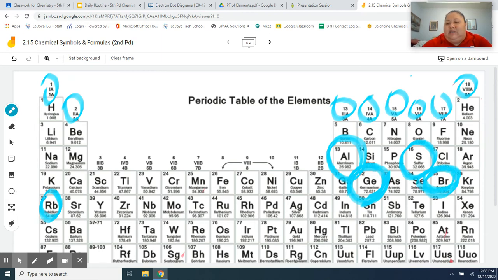What about for bromine? Group 17. How many valence electrons for bromine? 7. What about for magnesium? Group 2. 2. Yalexia, what about for nitrogen? Group 15.